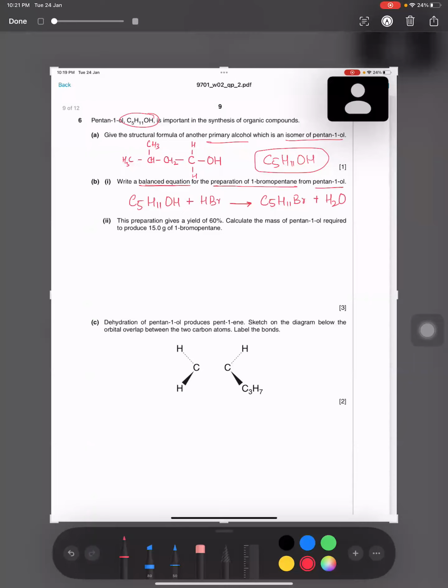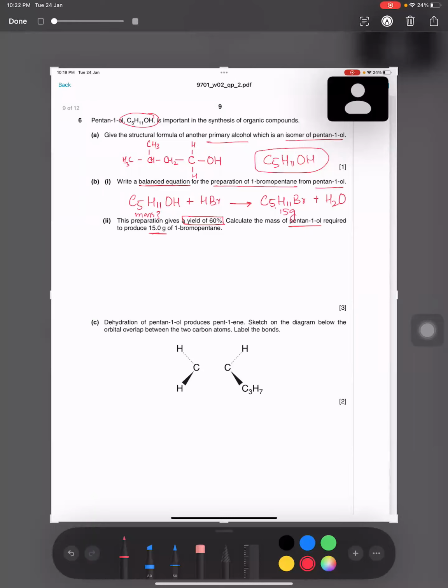Yes, sir. And the third one, part B2, they are asking a calculation type question. This preparation gives a yield of 60%, right? And calculate the mass of pentan-1-ol required to produce 15 gram of this.